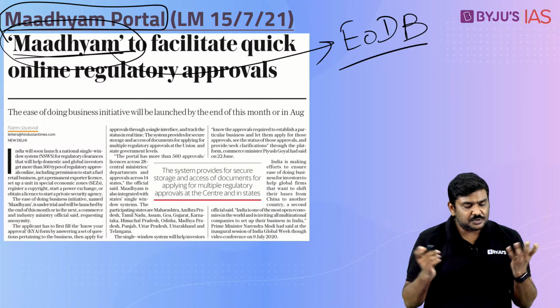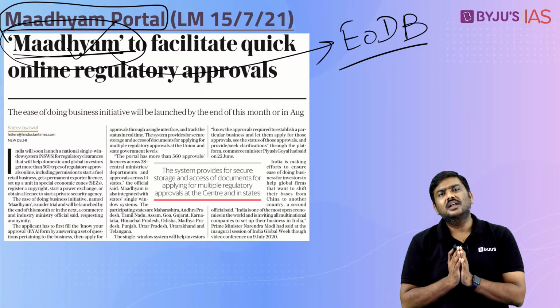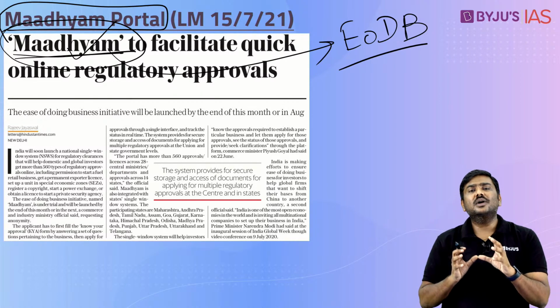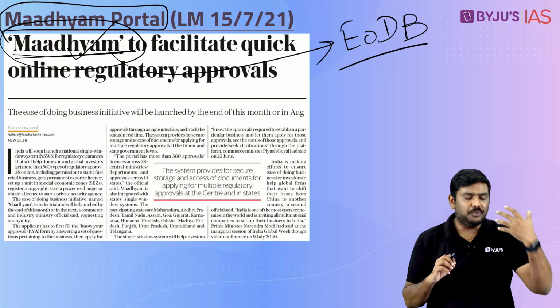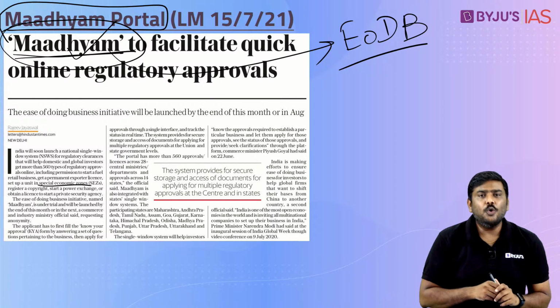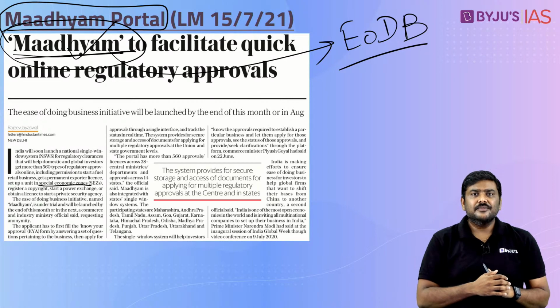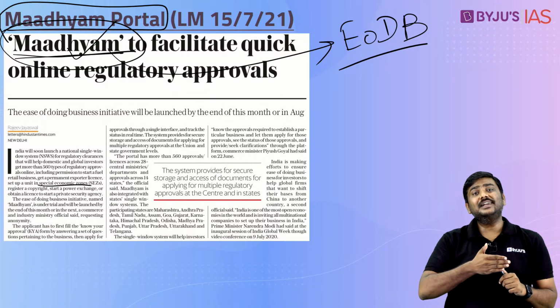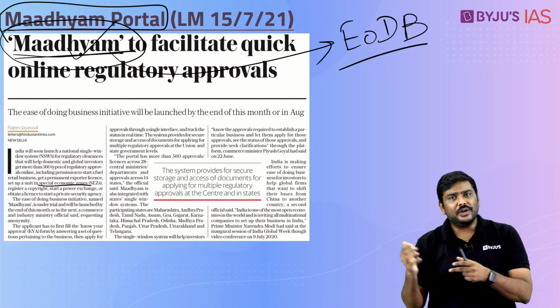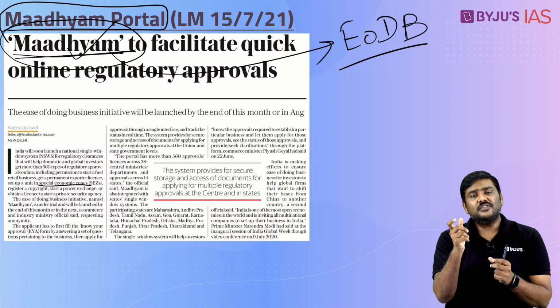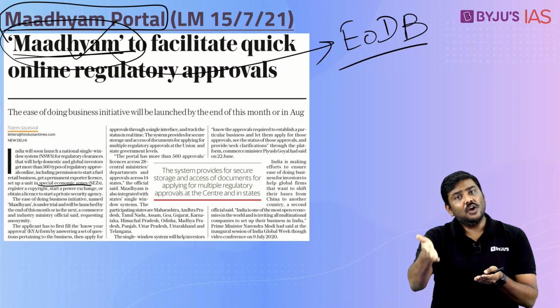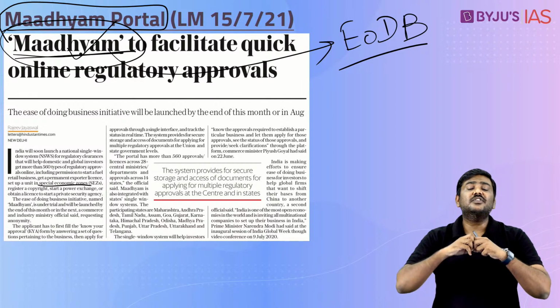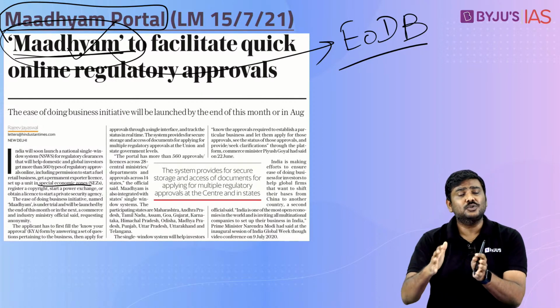going to launch this particular portal, Madhyam Portal, and anybody who wants, let's say, regulatory approvals in areas such as opening up a unit within the SEZ, opening up a retail fuel outlet, getting a permanent license for exporting, etc. These kinds of approvals, be it at the central level or at the state level, can be sought very easily through this particular portal.